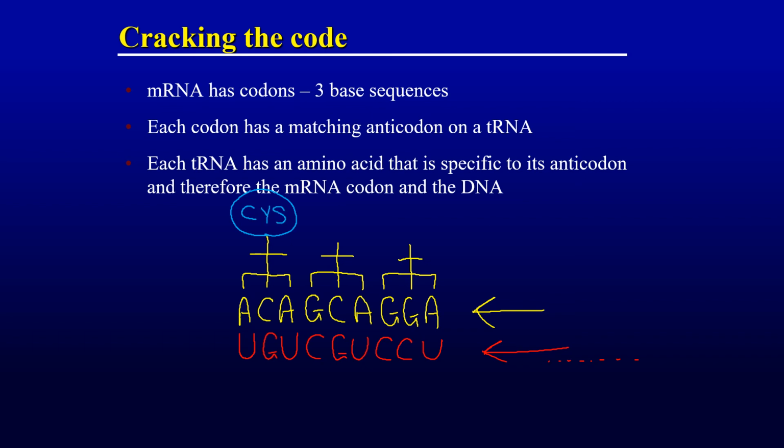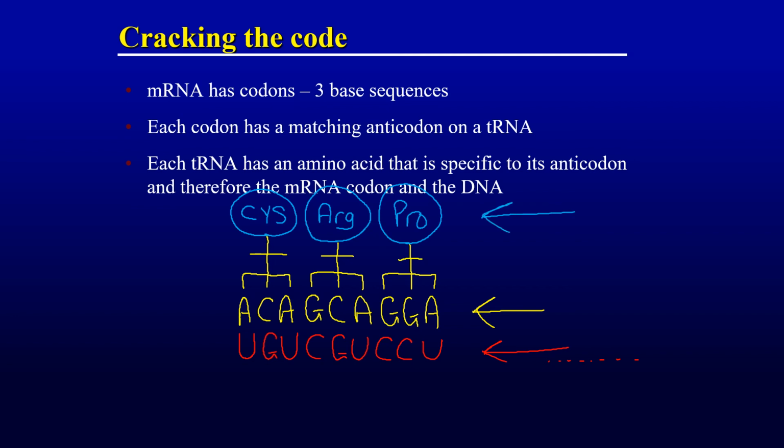And we know that the anticodon GCA has the amino acid arginine that we abbreviate to ARG. And then we know that the anticodon GGA has the amino acid proline that we abbreviate to PRO.